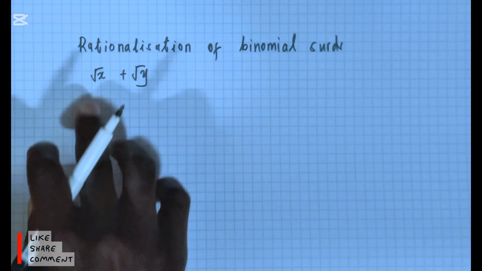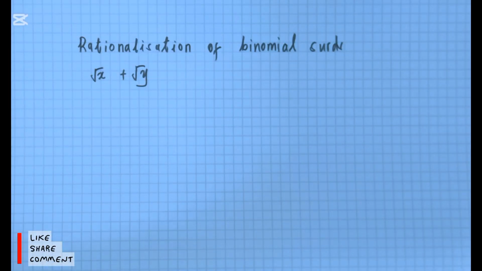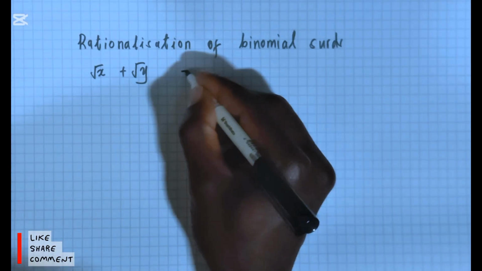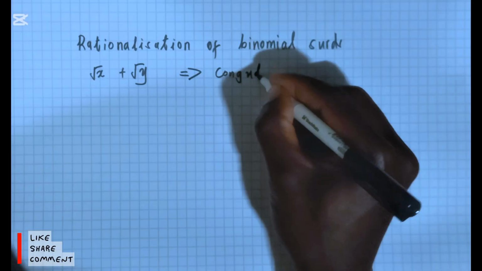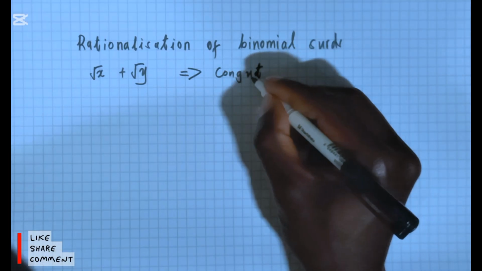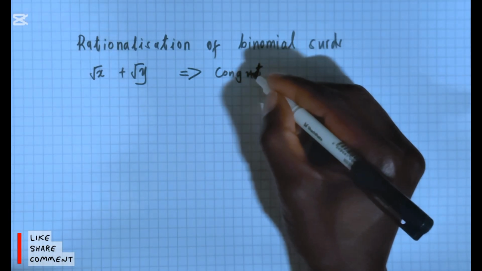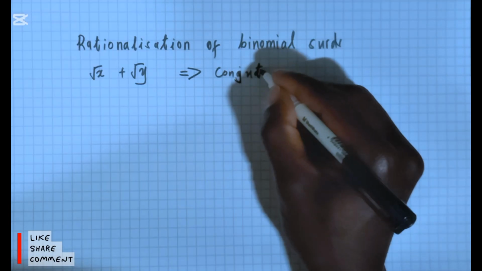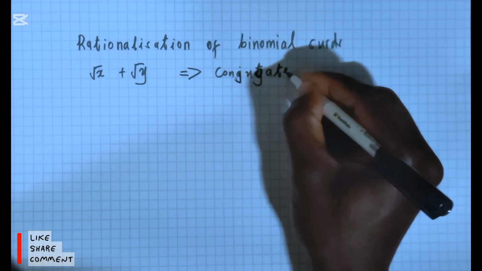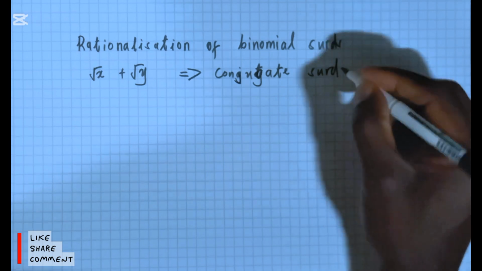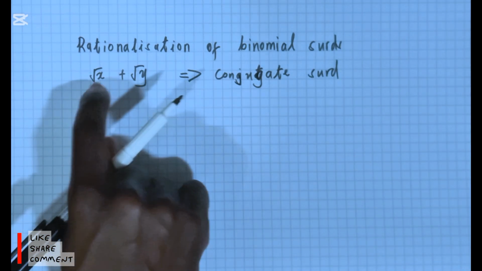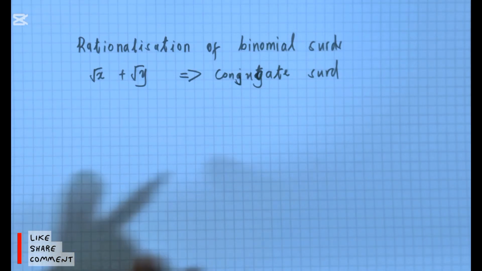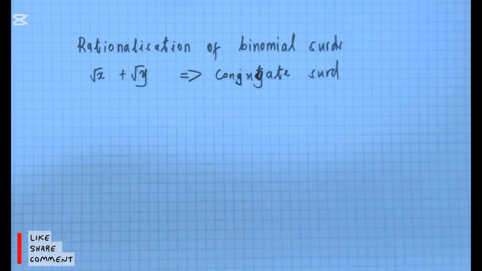All right. So the surd of x plus the surd of y also usually has what we call a conjugate surd. A conjugate surd is basically the same surd, except that if this is a positive, then it's going to be a negative.